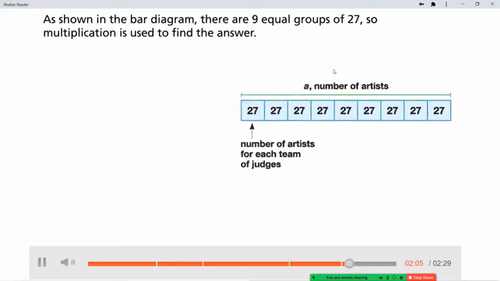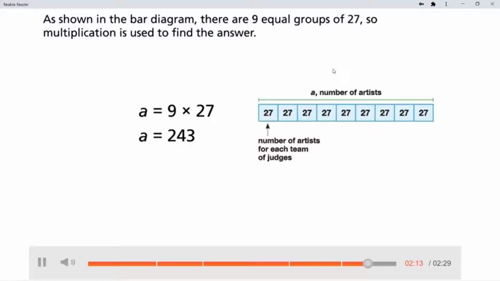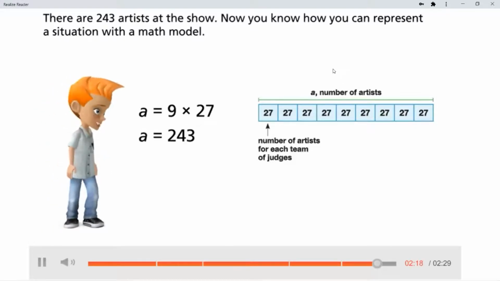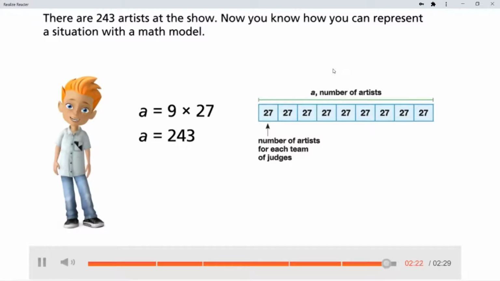As shown in the bar diagram, there are 9 equal groups of 27, so multiplication is used to find the answer. There are 243 artists at the show. Now you know how you can represent a situation with a math model.